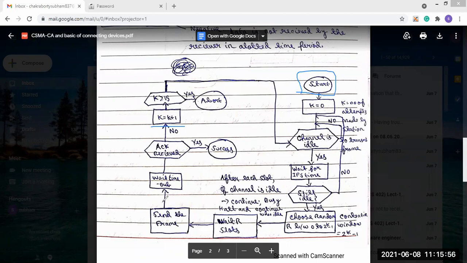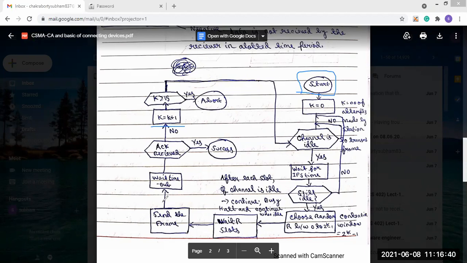So the basic difference between CSMA/CA and CSMA/CD is collision detection versus collision avoidance. These are the two flow diagrams. Always try to remember and practice these flow diagrams, because I have explained step by step from these diagrams. If in the exam you are asked to write the CSMA/CD or CSMA/CA principle, then first draw these two diagrams.